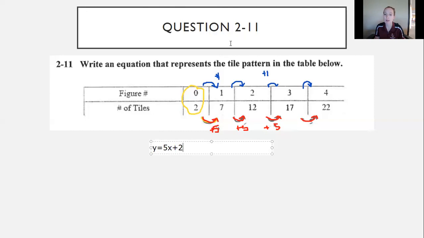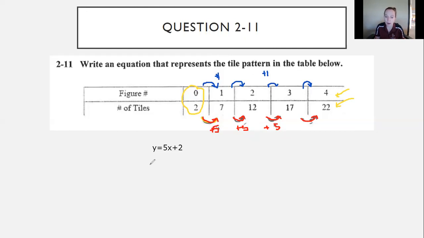y equals 5x plus 2. Now here is something that I always like to check. Pick a number, or pick a point. I'm going to pick this point right here, 4, 22. Now that's not the beginning point, that's just a point I picked, and I'm going to try to put that into my formula to see what happens.